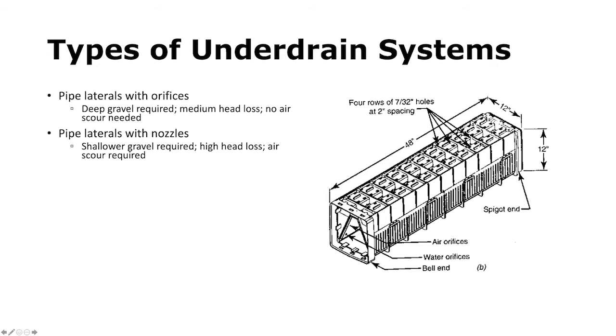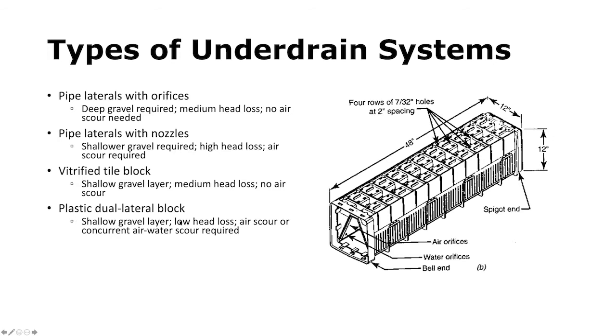We can also use pipe laterals with nozzles. Here, the advantage is that we can use shallower gravel levels. We would have, however, a higher head loss compared to pipe laterals with orifices, and air scouring would be required in this particular case. Vitrified tile block is another common type of underdrain system where we have a gravel layer that's relatively shallow, medium head loss through the underdrain, and no need for air scouring.